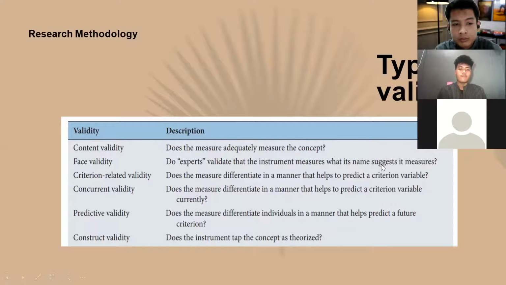And predictive validity: does the measure differentiate individuals in a manner that helps predict a future criterion? And the last is construct validity: does the instrument tap the concept as theorized?